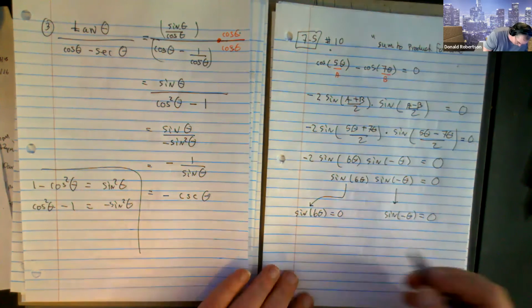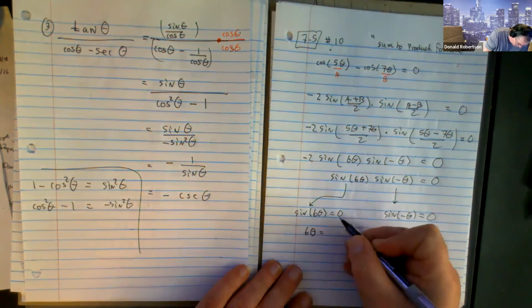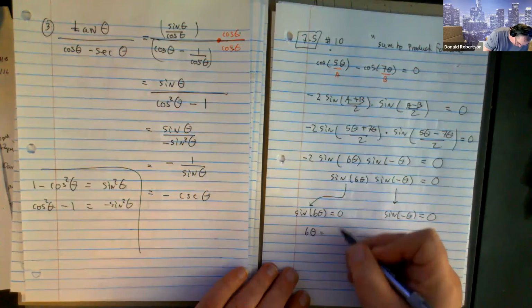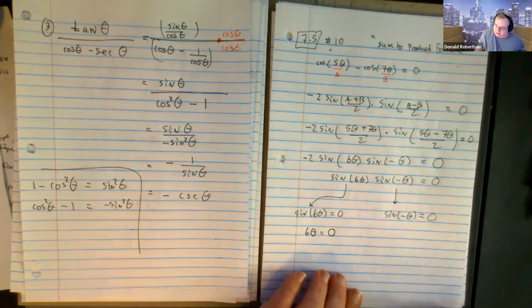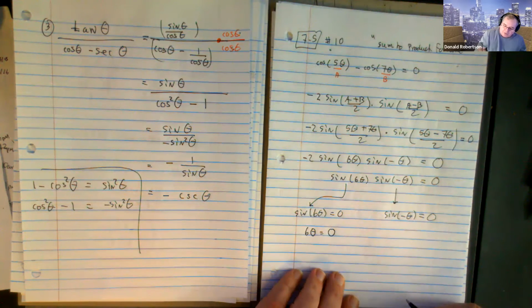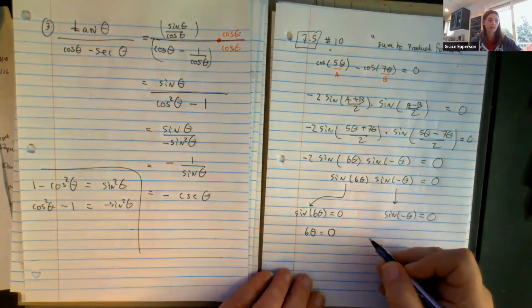So, when is a sine equal to 0? Don't you get the answer 0? Great. What other angles give you a sine that's equal to 0? I only thought there was pi.